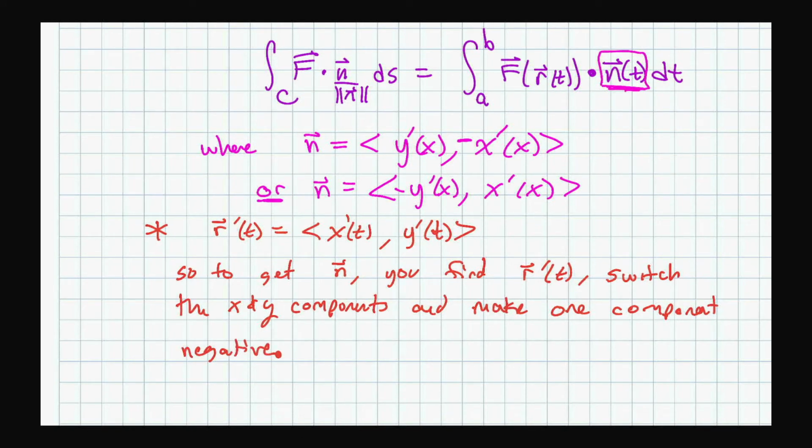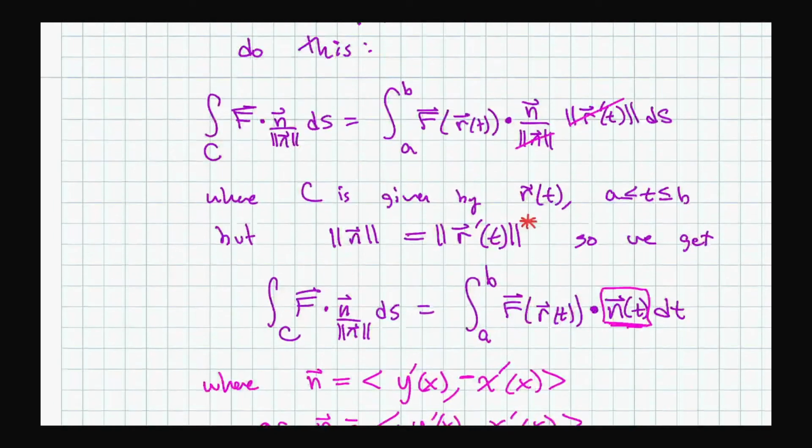That's also the reason for the asterisk. If you look at r prime and n, of course they have the same magnitude, because when you do the magnitude, you square the components and add them up, and that's the same for both.